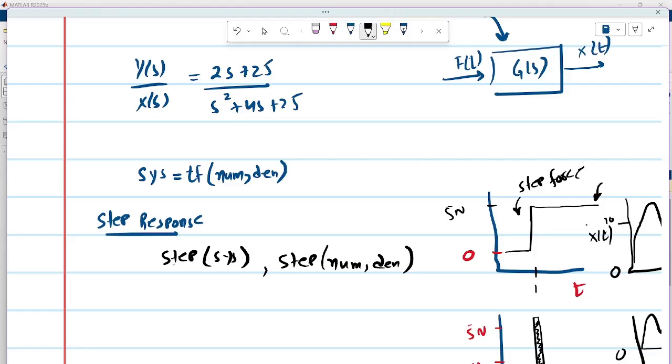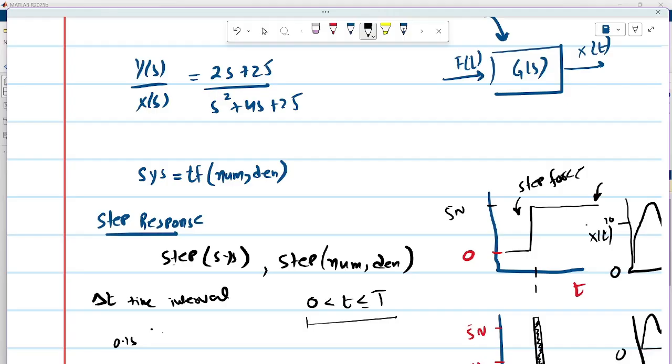In that case MATLAB will compute the time interval and the total time of the study itself. Like for how many seconds you want to see the response of a system, and what should be the data point concentration, like after every 0.1 second you want a reading.